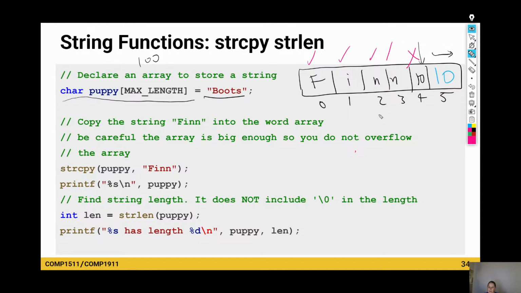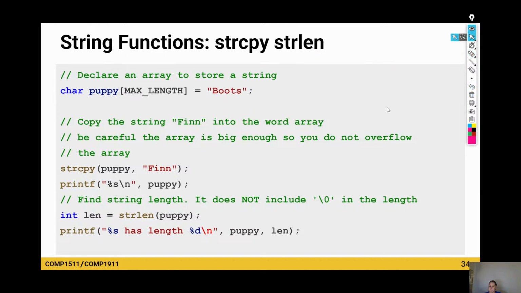So the string length of this would be 4. That's all string length does, and this can be a handy thing to know. All right, that's string copy and string length. Hopefully pretty simple. You might forget every so often whether string length includes the null terminator in its length.